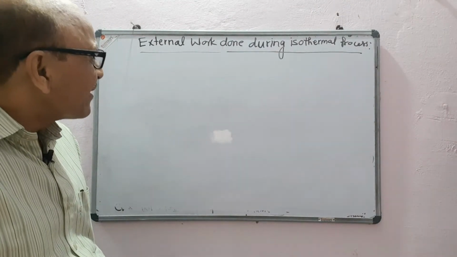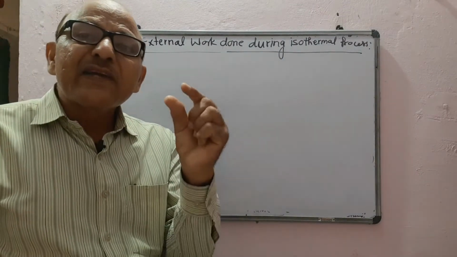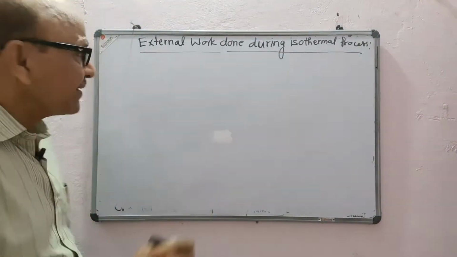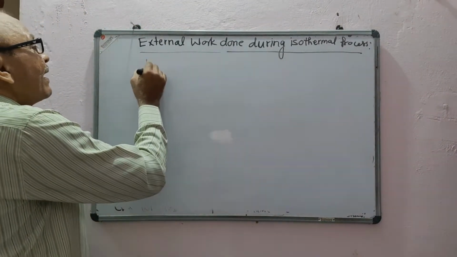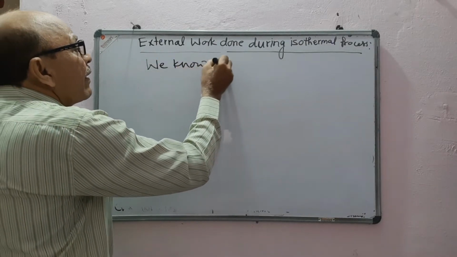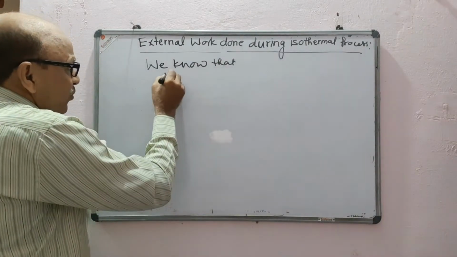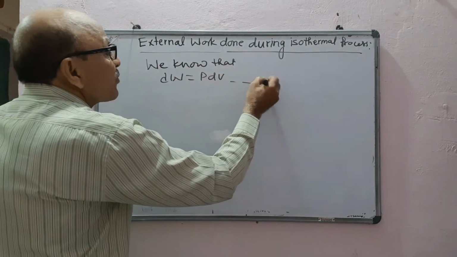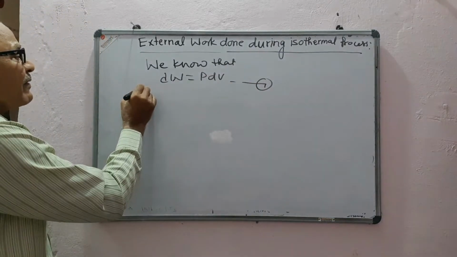We know that the work done during a small volume change dV is given by the relation dW is equal to PdV. Suppose this is equation 1.